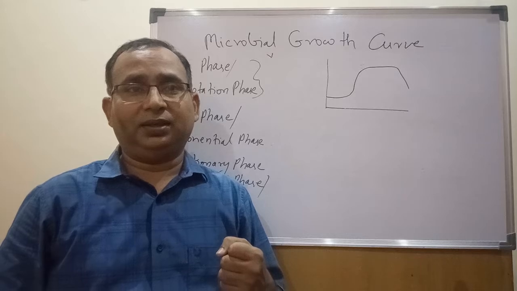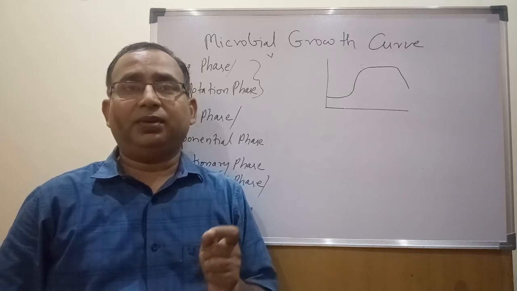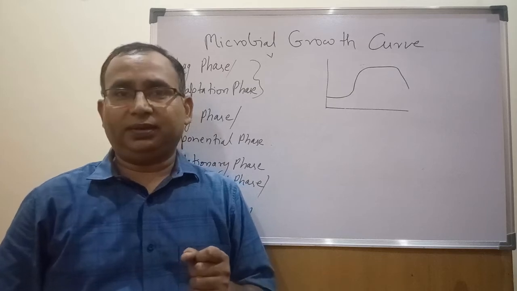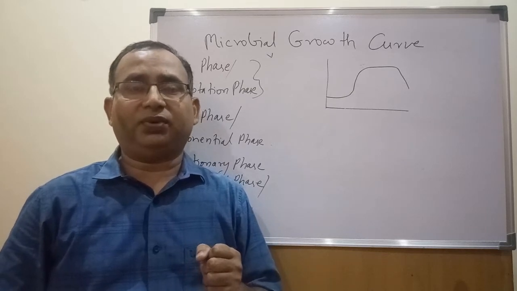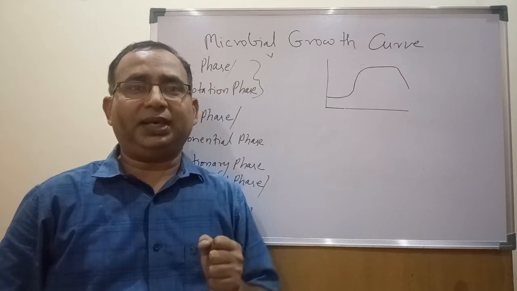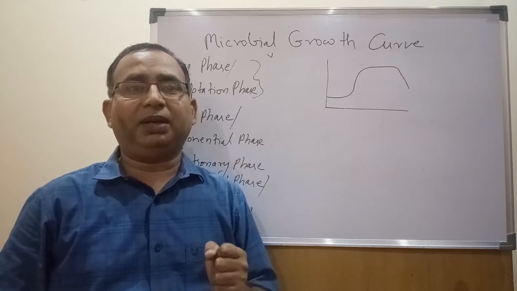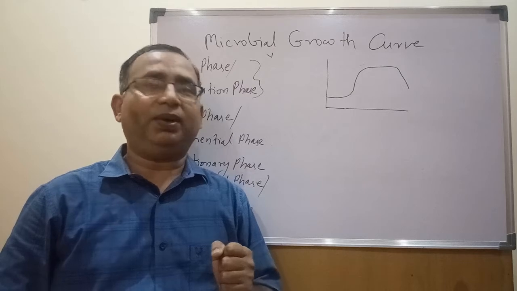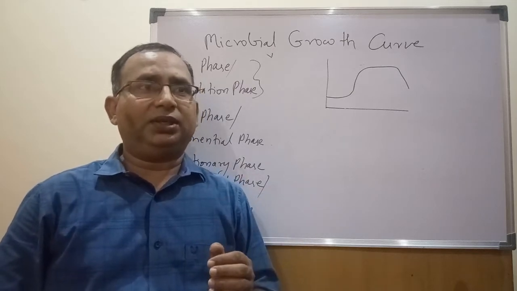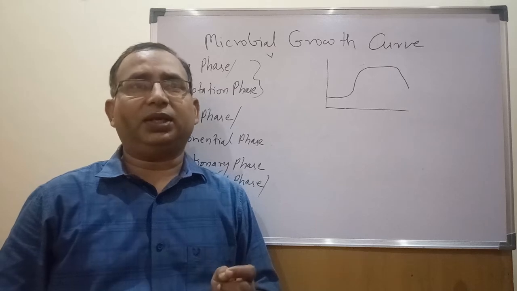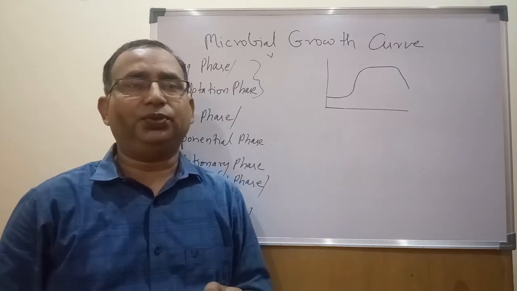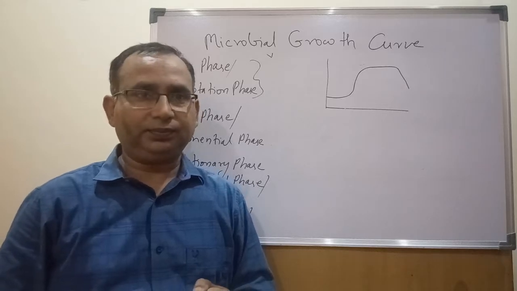And Mycobacterium leprae is the microorganism responsible for leprosy disease. The generation time for Mycobacterium leprae is 20 days. So what will be the generation time for a microorganism? It is versatile. It changes from one species to another species.